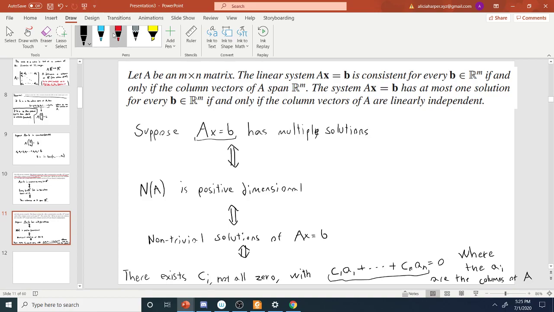And the fact that all of these are bidirectional implications completes the proof of the second statement here.